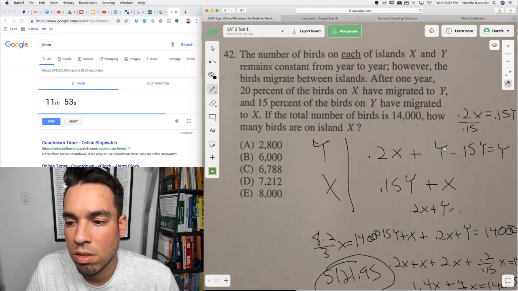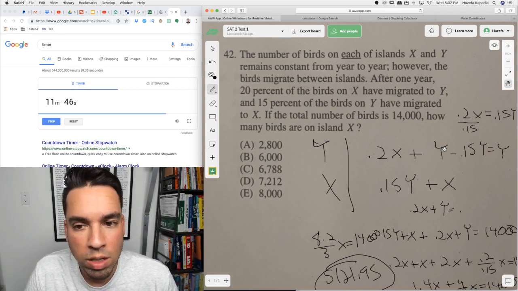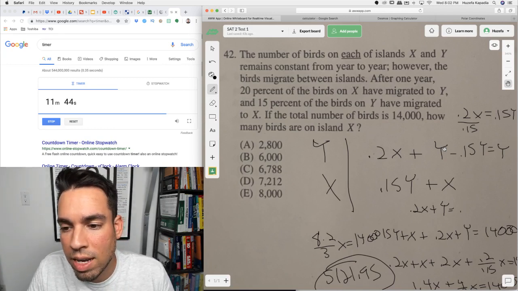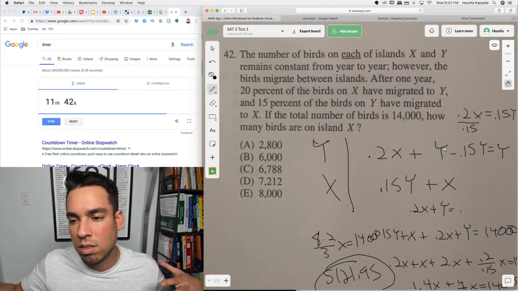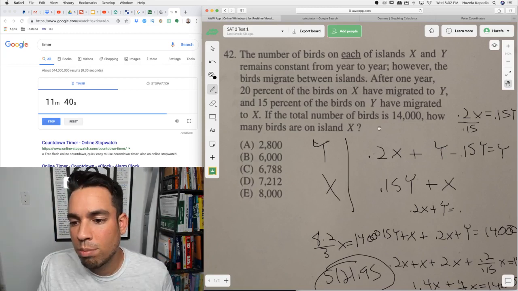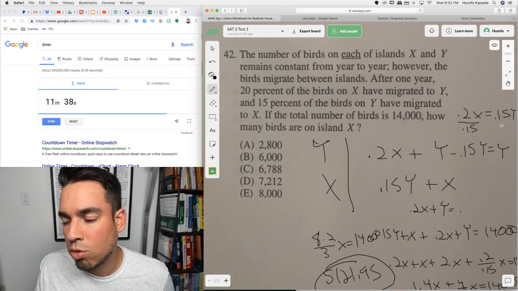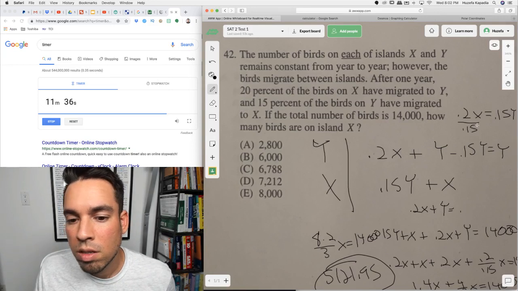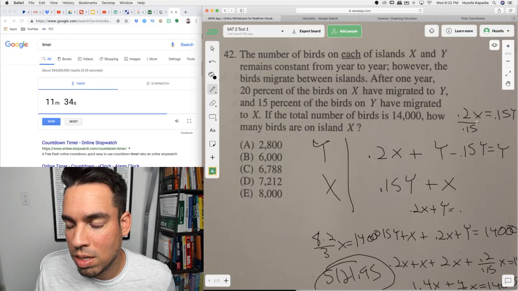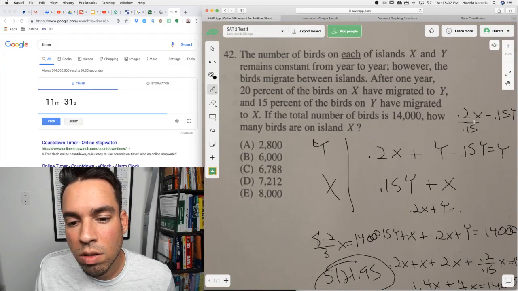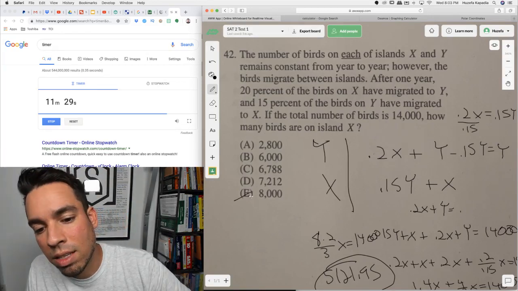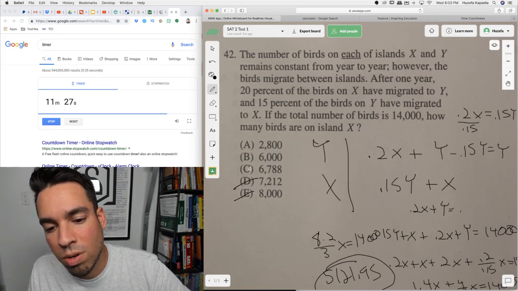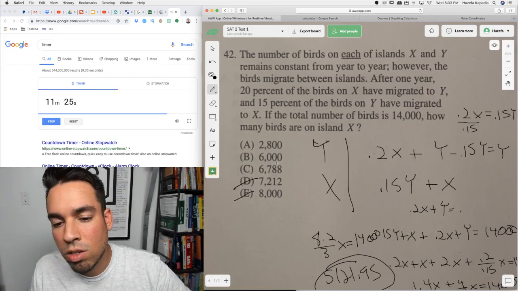Okay, so if X is 6,000 and Y is 8,000, so 20% of, oh shoot, I'm running out of time. 20% of 8,000. Oh, it's just like this. Yeah, so 0.2 of X equals 0.15 of Y. So X obviously has to be smaller. So X can't be 8,000. It's either one of these two.